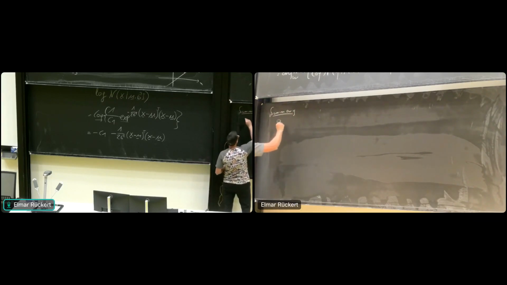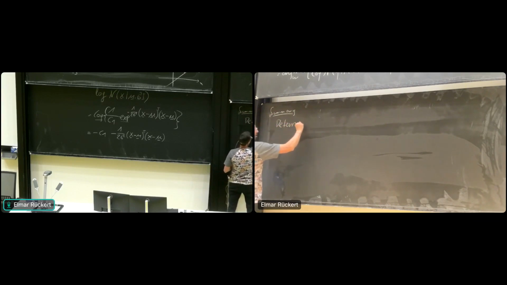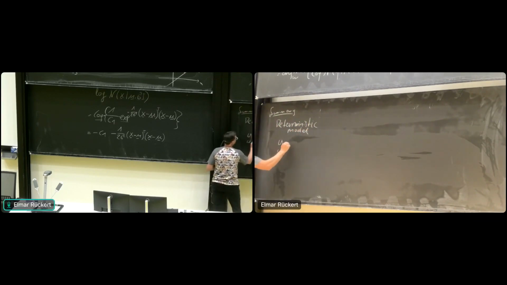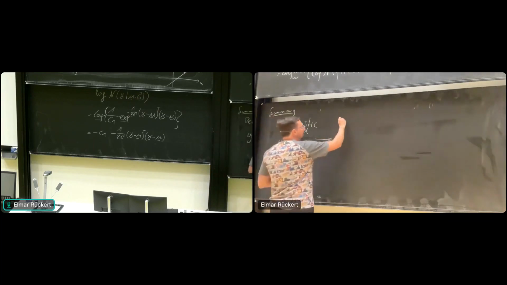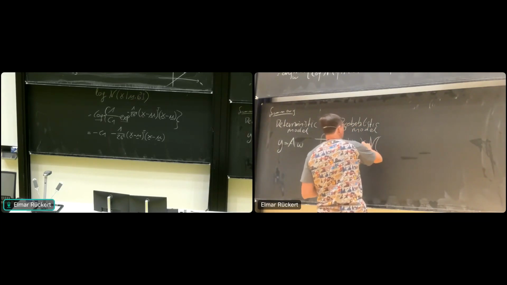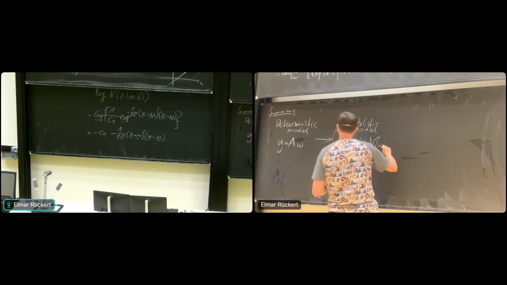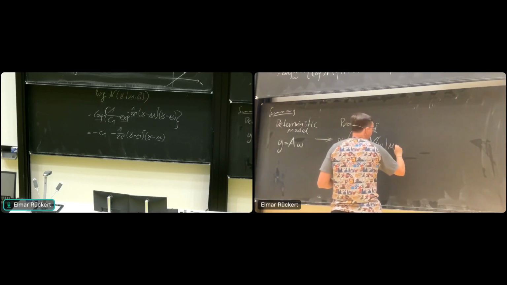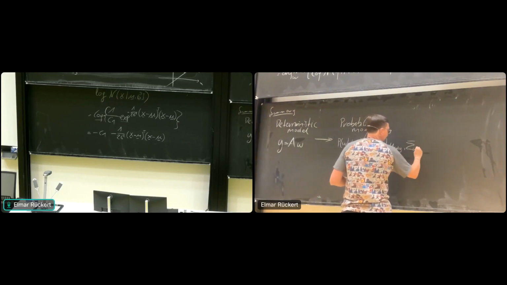So we started out with a deterministic model where our predictions are simply given by our feature transformed input data times W. We turned that into a probabilistic model where P of W given A and Y was per definition a Gaussian, where we had this mu W given by and some covariance W given by.